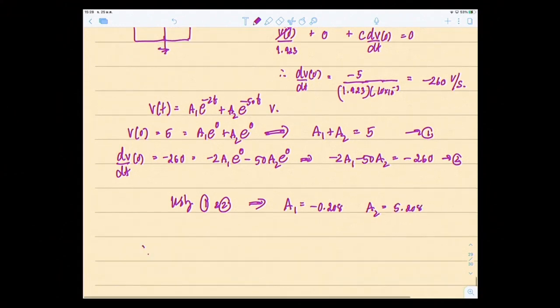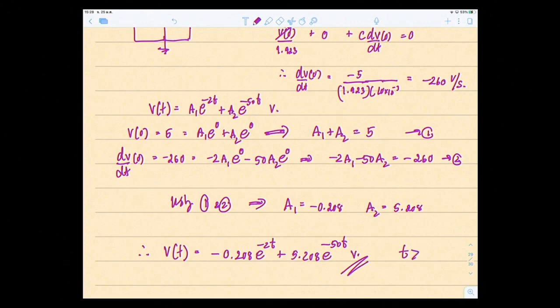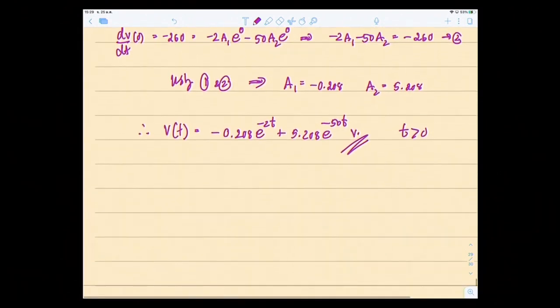So your final answer is V of t equal to minus 0.208 e to the minus 2t plus 5.208 e to the minus 50t volts for t greater than 0. So you get it? I'm going to do the next example.